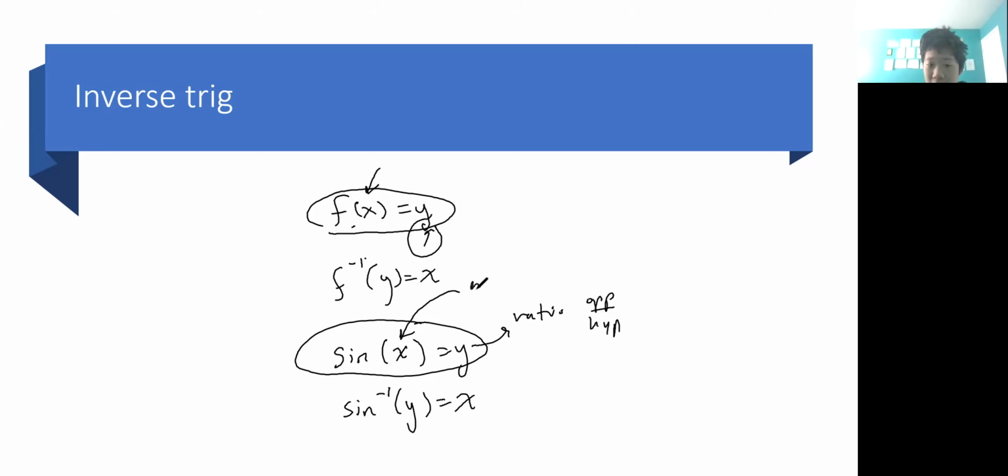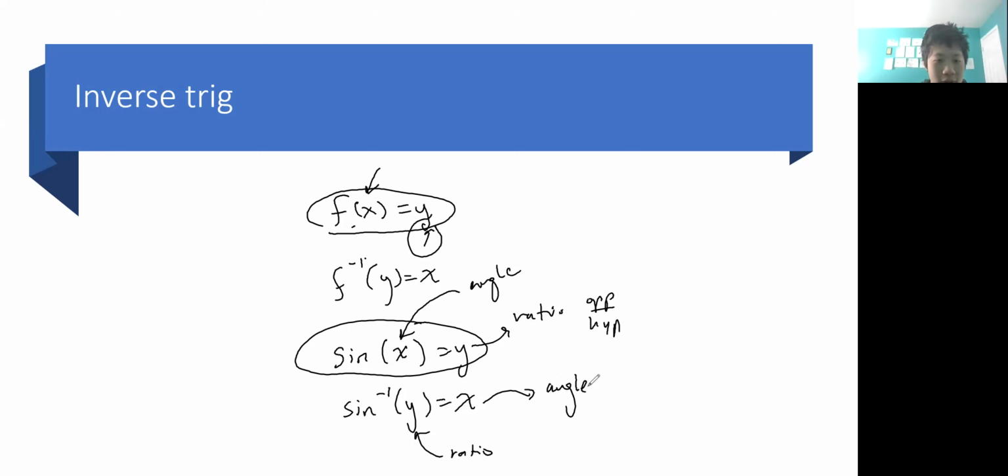If we take the inverse, the input is the ratio, and the output is the angle. We plug in the ratio, and it tells us what angle created that ratio.